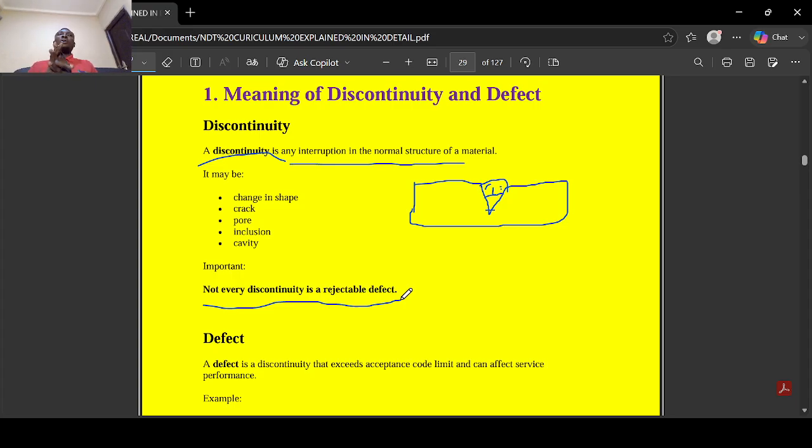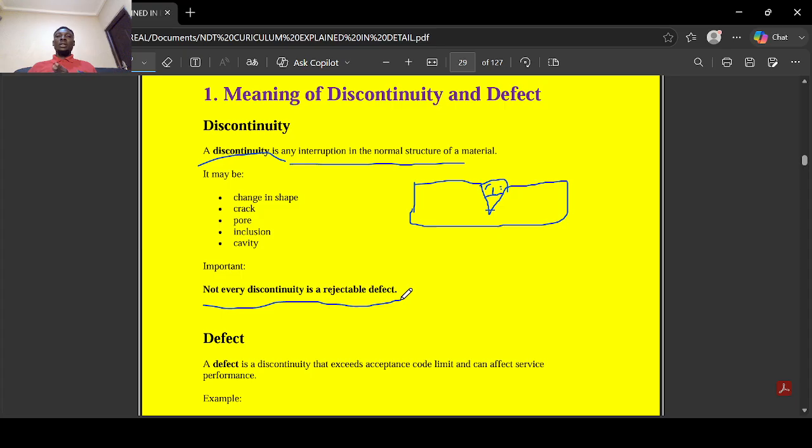Understand? Before you call a discontinuity a defect, understand there's a code of operation, a code of standard you judge from. For example, API Level 4 states that every lack of penetration above 25.4 in every 4 inches of weld length is rejectable.